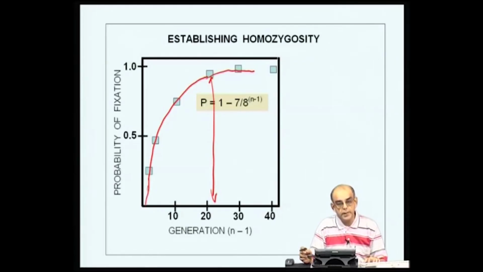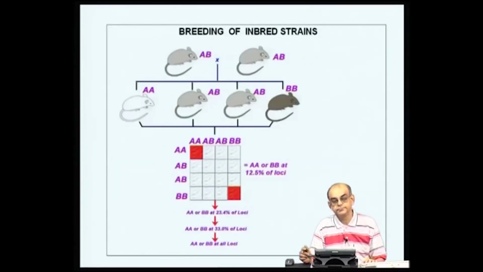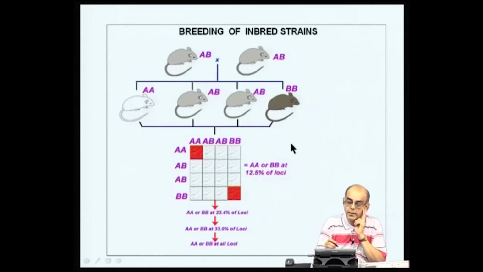In order to do that, let us go into the next slide. This slide now depicts, just for convenience sake, two particular characters or two particular loci that you would like to follow, like you do in genetics textbooks. If you were to take a wild type mouse, they would be heterozygous for these particular characters.